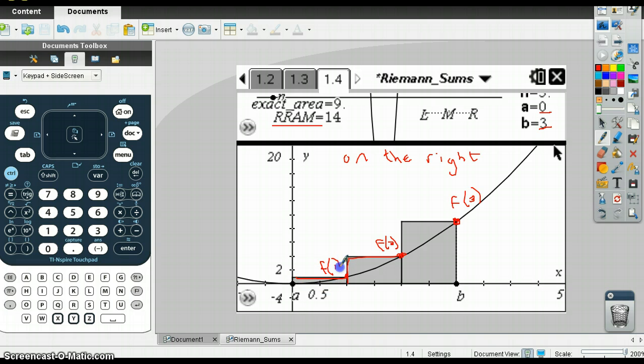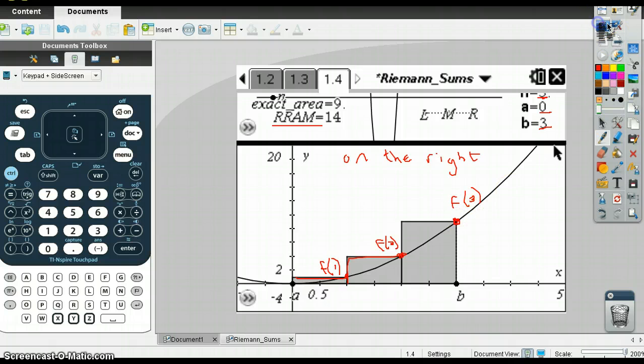So now, instead of our 3 heights being at 0, 1, and 2, we're starting on the right. So on the very right side of our interval, we're dividing it into 3 pieces again. We start with f of 3 with the width of 1, f of 2 with the common width of 1, and f of 1. So there's our 3 right-hand rectangles. And you would literally do the same thing.